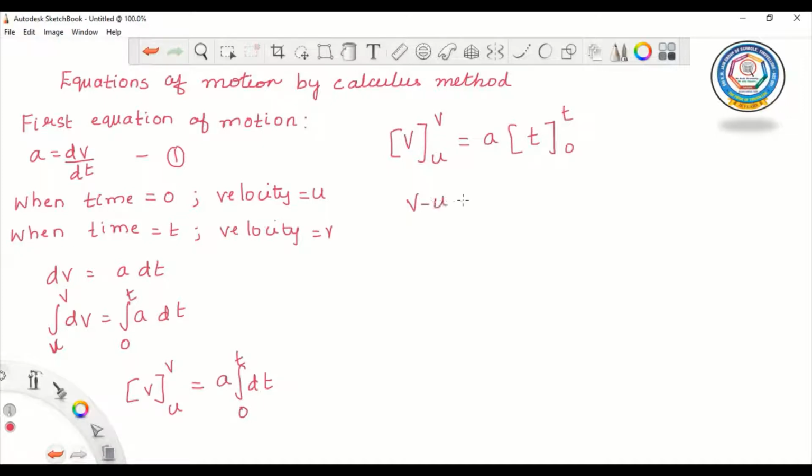So v minus u is equal to a t minus 0. So you will get at. So v minus u is equal to at, or v is equal to u plus at. So this is the first equation of motion.